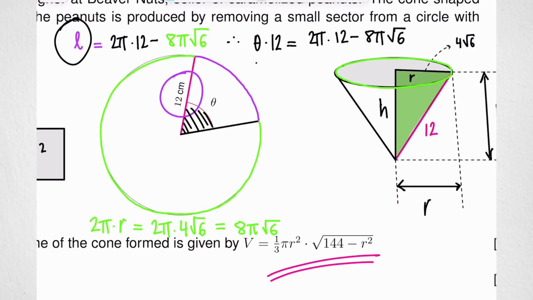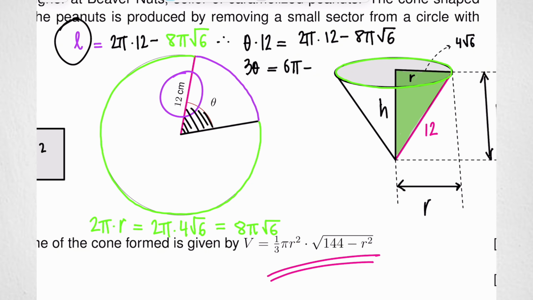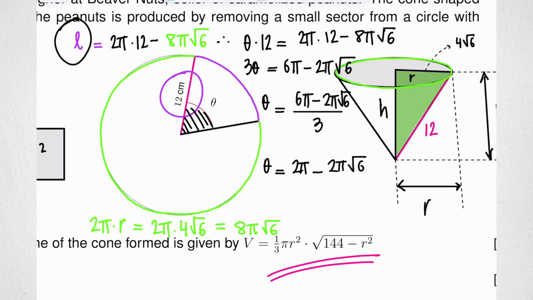We can divide everything by 4, so we get 6 pi minus 2 pi root 6, which means that theta is 6 pi minus 2 pi root 6 over 3, which can also be written as 2 pi minus 2 pi root 6 over 3 radians.